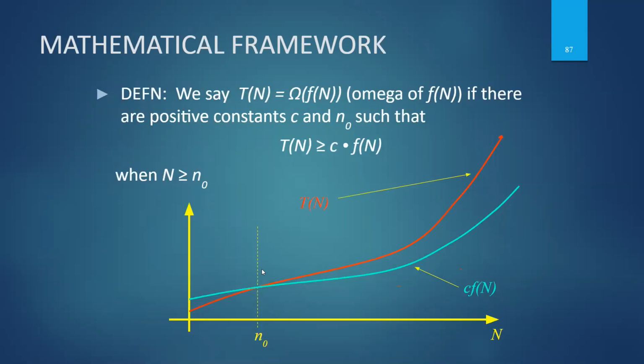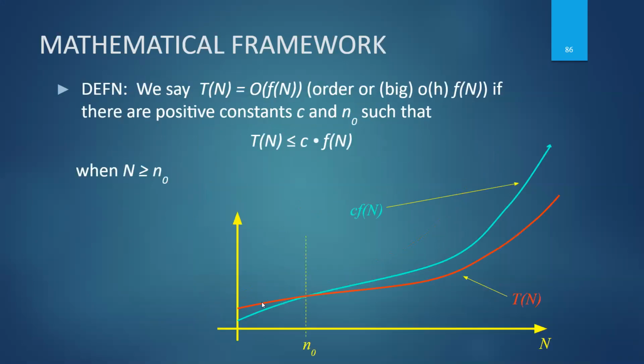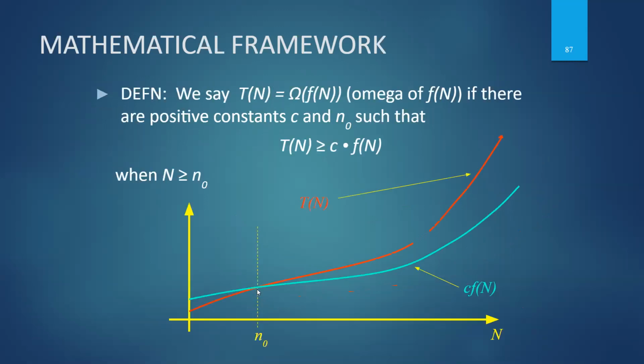With the lower bound, when n is smaller than n0, our algorithm has lower time, but when it goes to bigger input sizes, our algorithm takes more time than the lower bound.